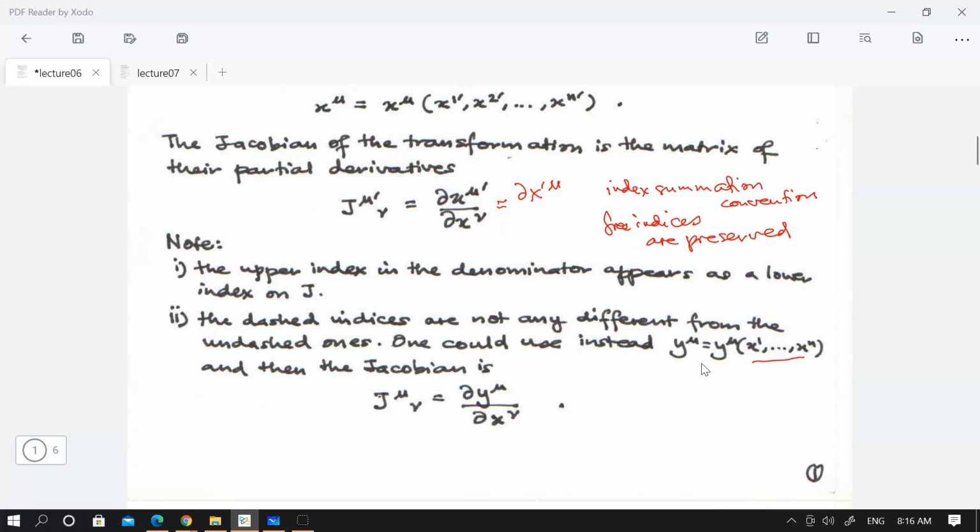The only type of index that you need to be careful about, because of the different behavior, is whether it's an upper index or a lower index. We will see this perhaps when we go to tensors under special relativity. Now we are just talking about tensors in general. So that's that.